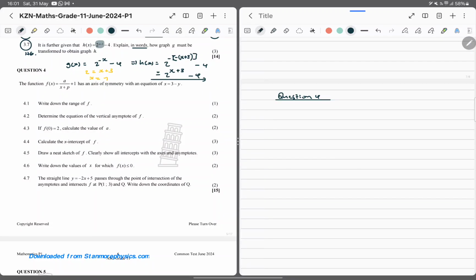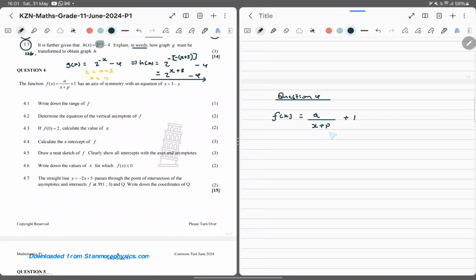Okay, we're given the function f(x) is equal to a over x plus p, plus 1. Now here we have a problem because we don't see what the graph looks like, but all we know is that the horizontal asymptote is at 1.